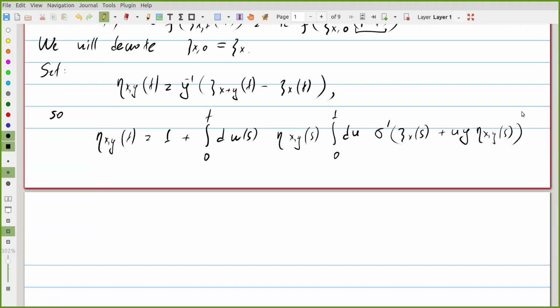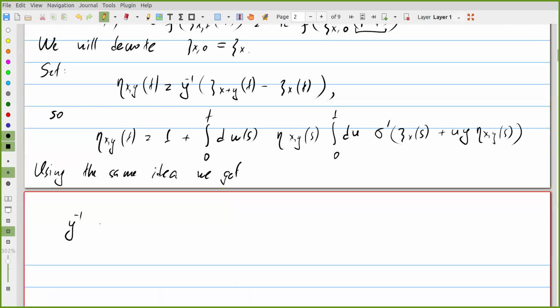Now we want to use pretty much the same idea, but for an expression of this form, the derivative we really want: psi x plus y t minus f psi x of t.